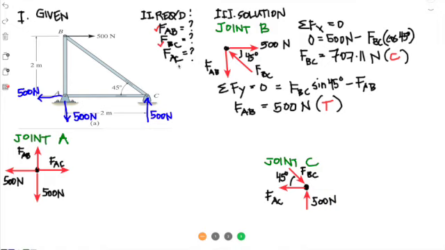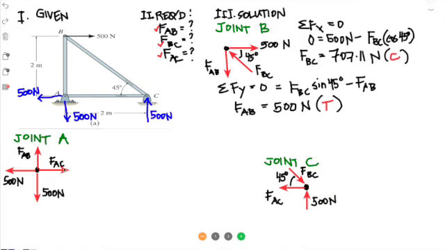What is left is FAC. So where can we find FAC? We can either go to joint A, since there is an FAC component there, or we can do joint C, since there is also a component of FAC there. So which one do you prefer?